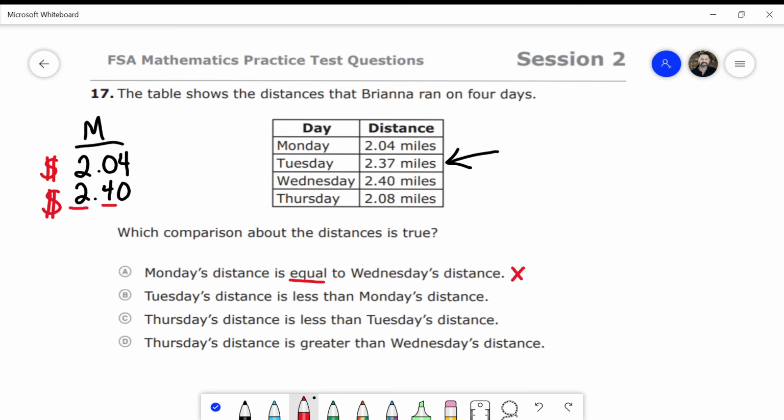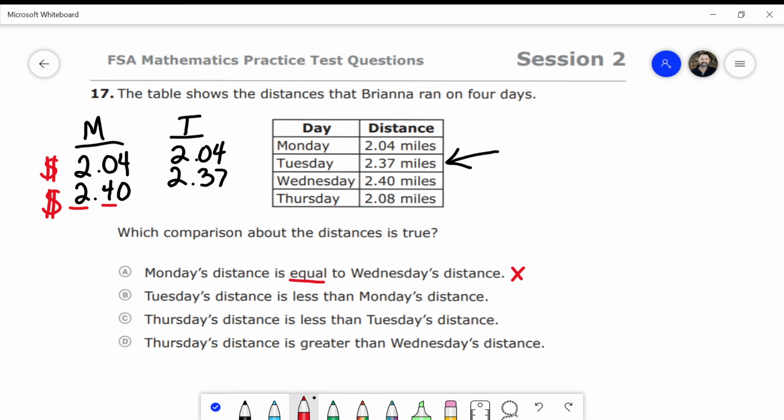Then we look at B. Tuesday's distance is less than Monday. So I'm going to look at Tuesday right here, right? Tuesday's distance is less than. So we got Monday is 2 4/100ths, and Tuesday is 2 37/100ths. So we want to see which is less.